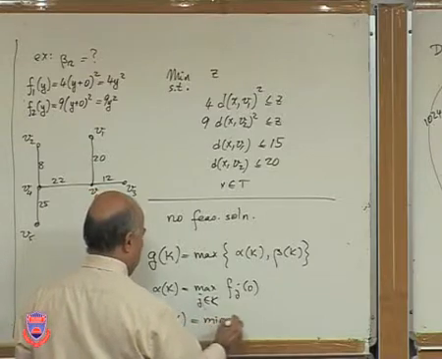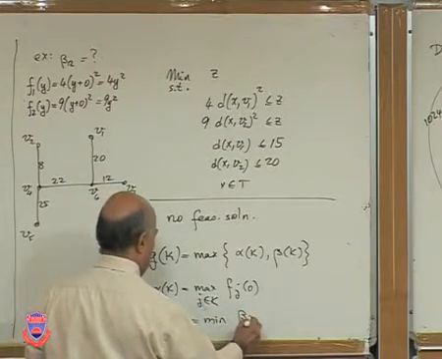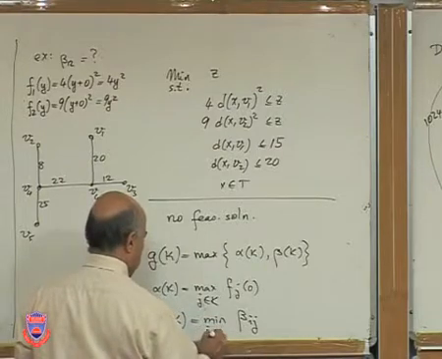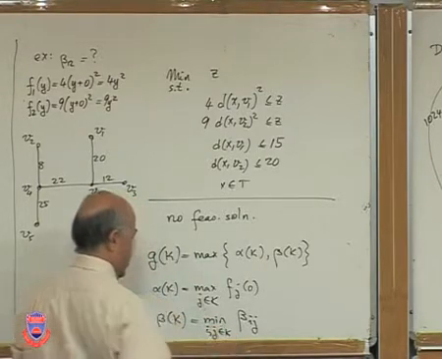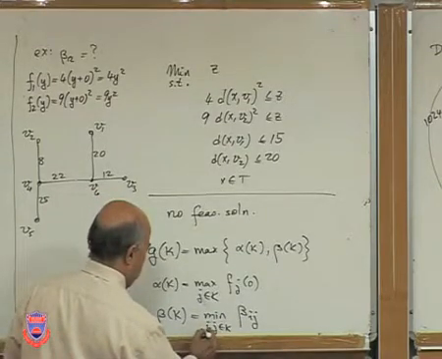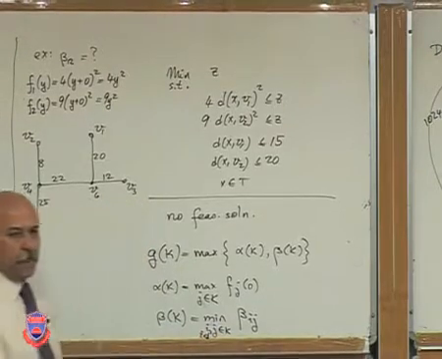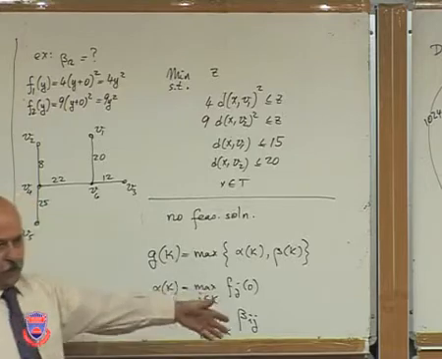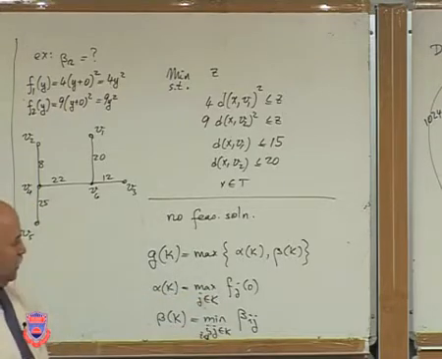Minimum of beta ij, i and j in k, i less than j. Okay? And beta ij is defined as I've given to you before.